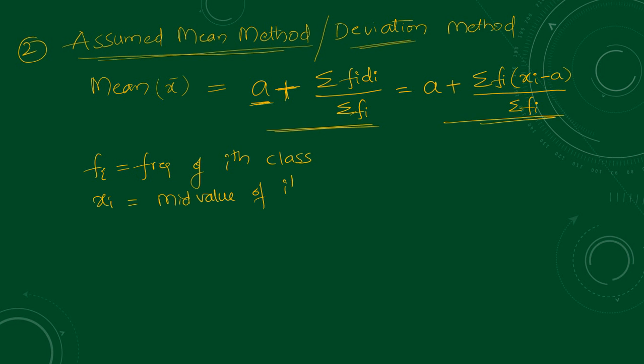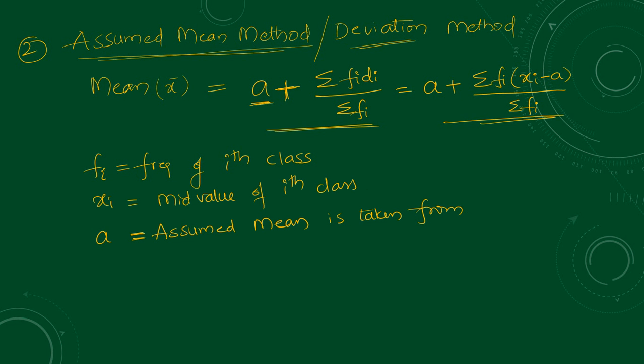These two things you already know from the direct method. Next, here we have a few more things. The first one is a. What is a here? a is the assumed mean. You are going to assume a particular value as the mean. This assumed mean is taken from the mid values.